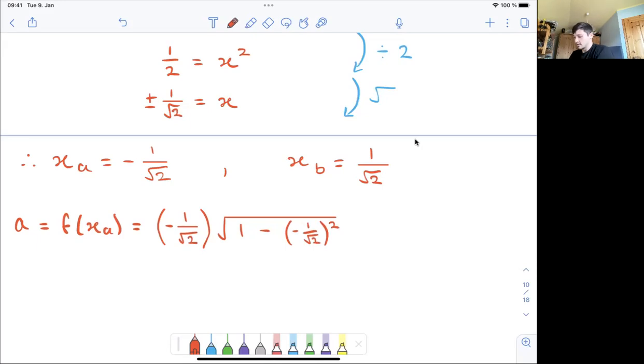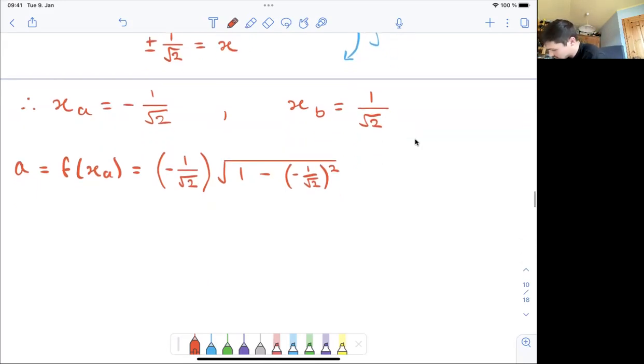Now if we work this out, that's negative 1 over the square root of 2 multiplied by the square root of 1 minus a half, so this is just going to be a half.